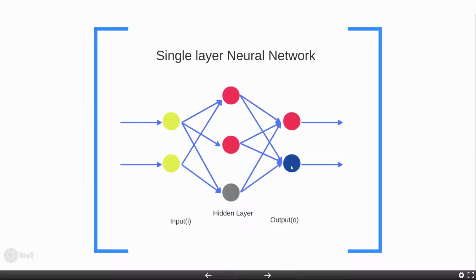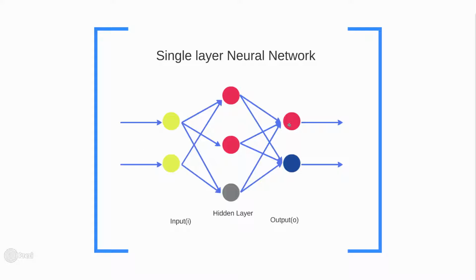If it is a number, you want the second output to fire. It's pretty straightforward. All right. So in this example, let's say that this is a trained neural network, so it knows what it is doing. So you have fed this an image. Neuron 1 fires, neuron 2 fires, and this makes the first output fire. So that means that this is a letter.